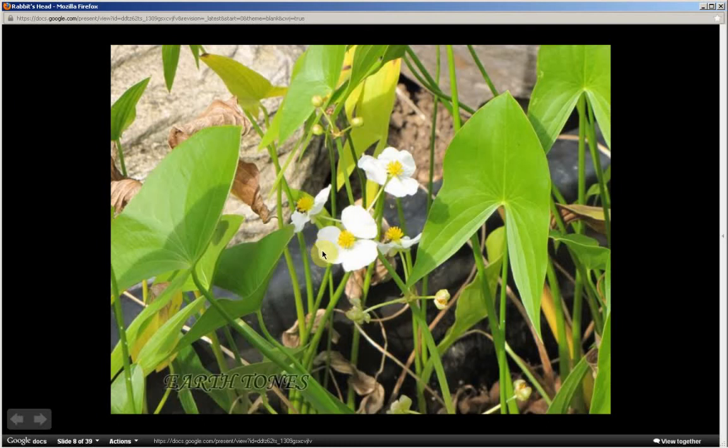Notice again the 3 petals, which are white, on each flower. This particular flower represents the male flower. Again, more detail on that later.